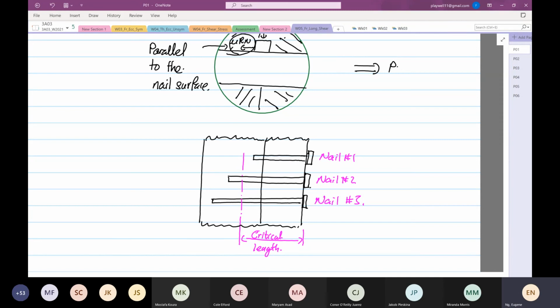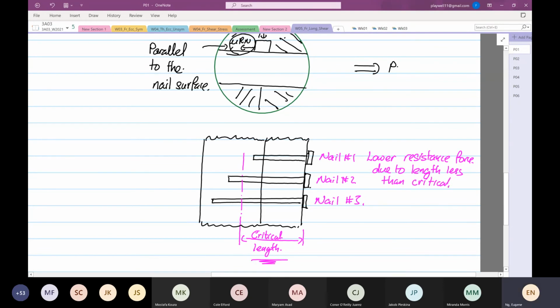And the reason why this has lower resistance force is due to length, which is less than critical.